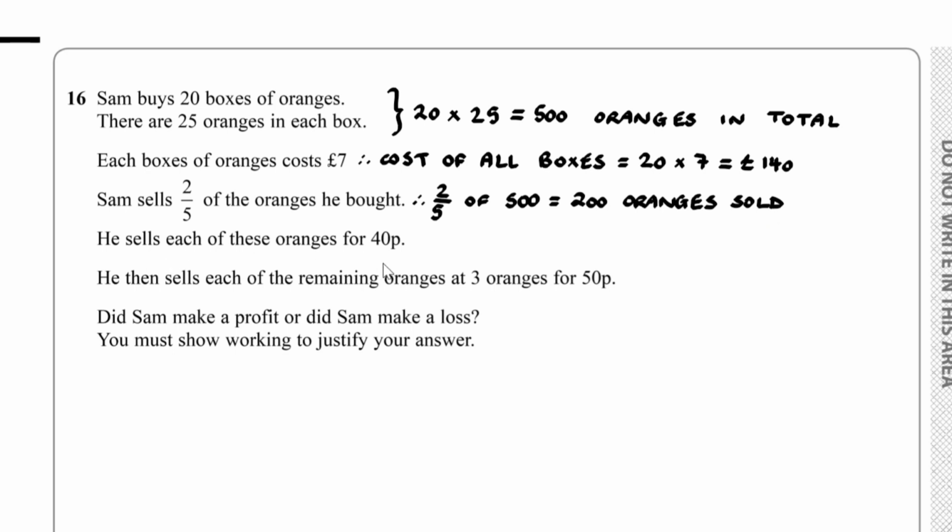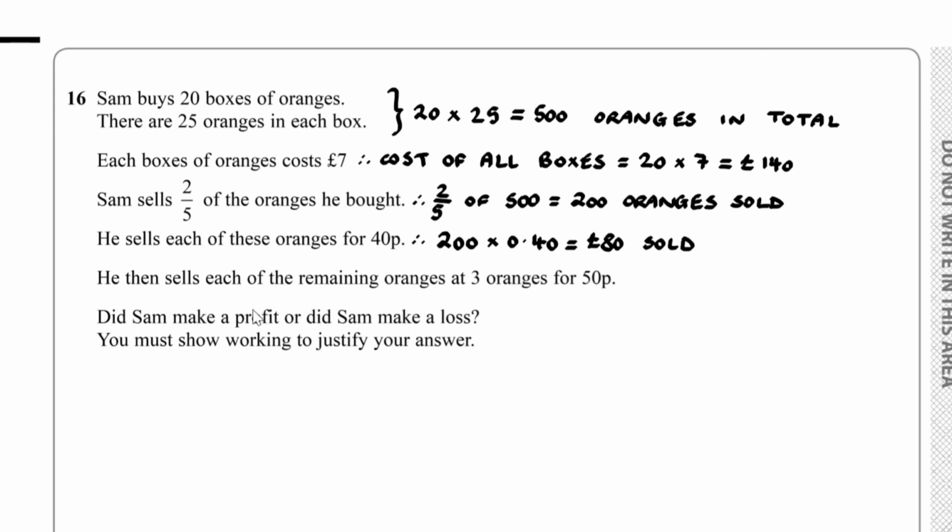And if he sells each of these oranges for 40p, that means 200 times by 0.40, that's equal to £80. So he sold all those oranges for £80.